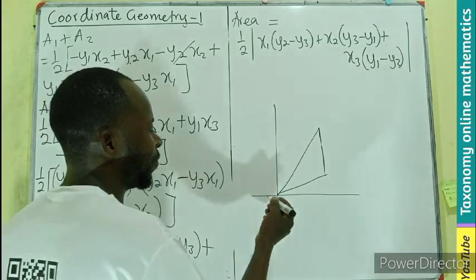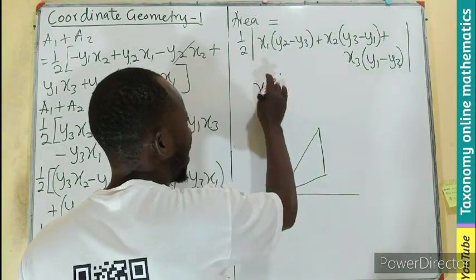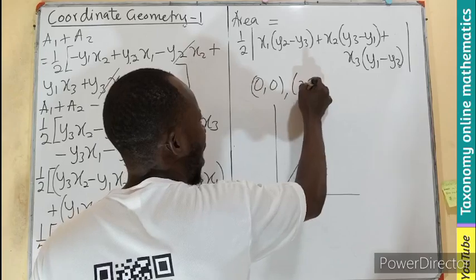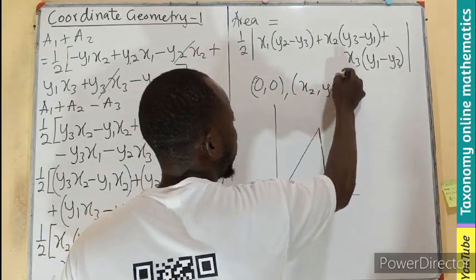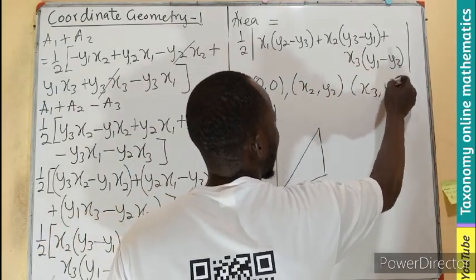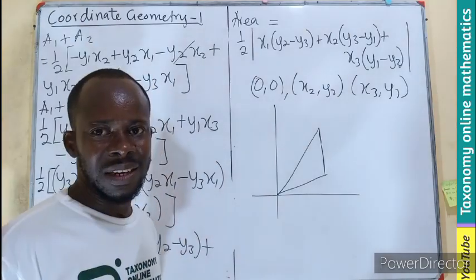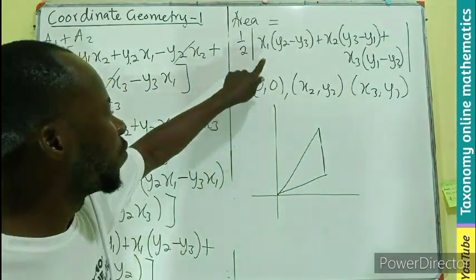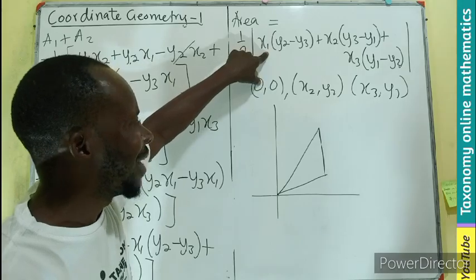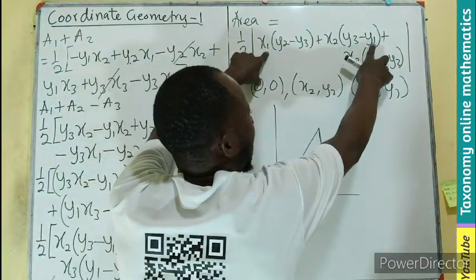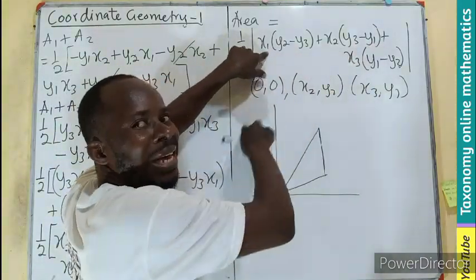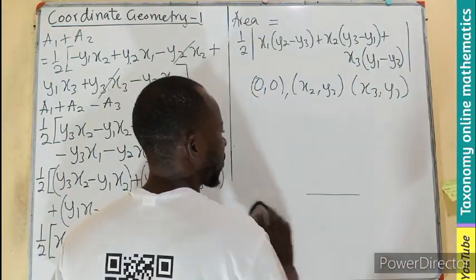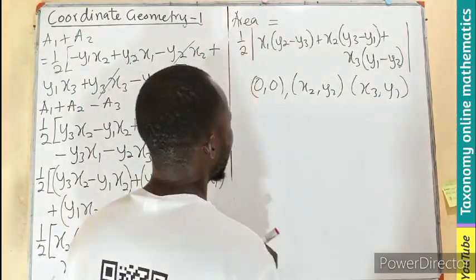So if we have our, let's say, x1, y1 being 0, I will have my x2, y2, x3, y3 being present. The first one will be 0. So it means that I will look out for this as x1, this as y1, and substitute and see what the equation will be.